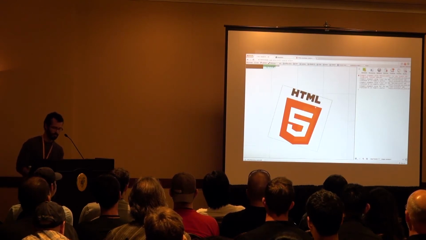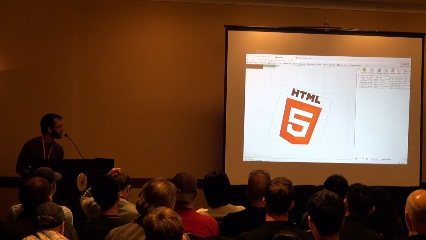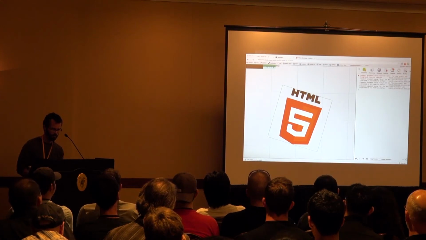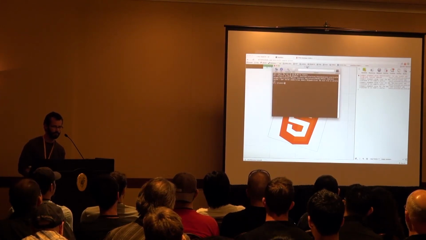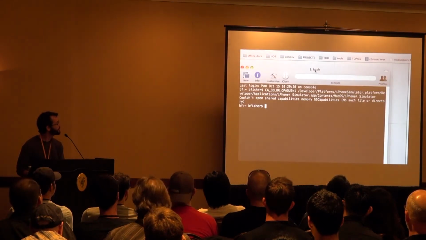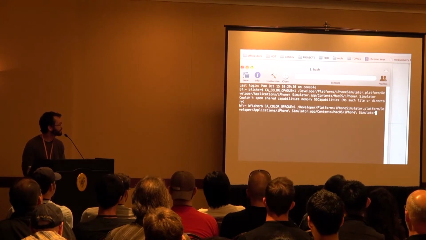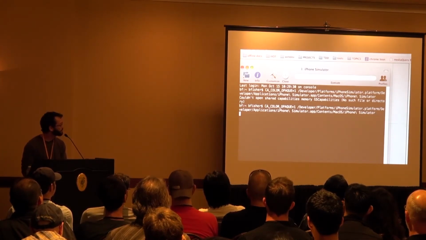So I'm also going to do this crazy thing where we start this up from the command line. Okay, here's the terminal. And let me just zoom in on that real quick. So there I'm going to just use my arrow key and use that same command again, and I'm going to go ahead and launch that.